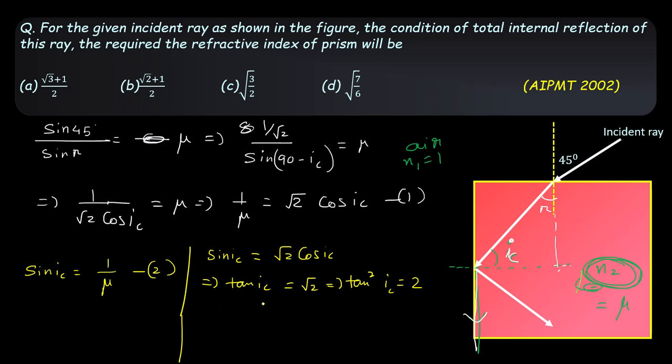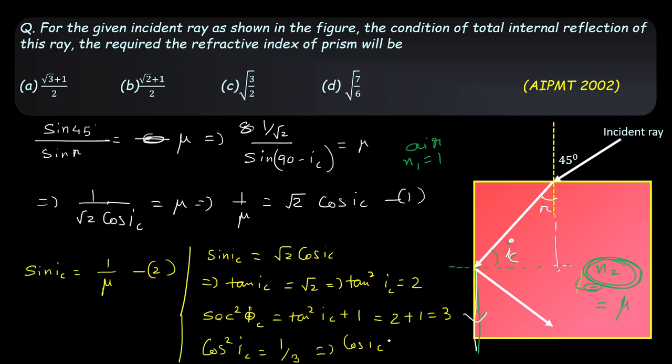Well, since tan square is given, sec square of IC will be equal to tan square plus 1. So this will be equal to 2 plus 1, which is equal to 3. What does it mean? It means that cos square of IC would be equal to 1 by 3. So cos of IC is equal to 1 by square root of 3.